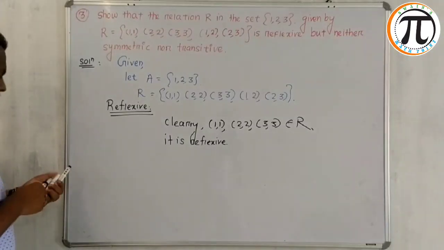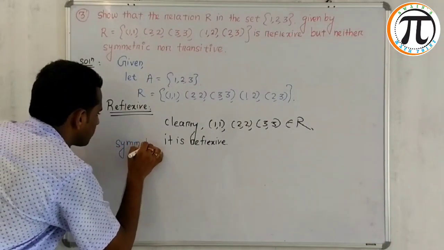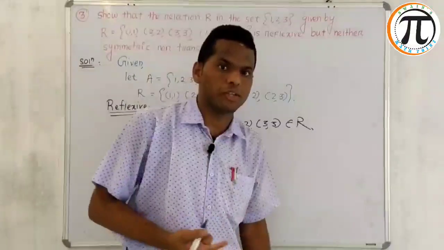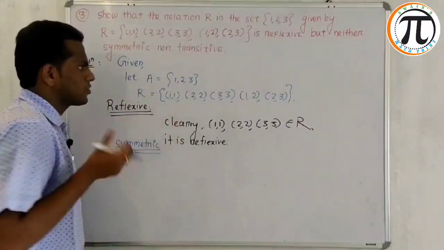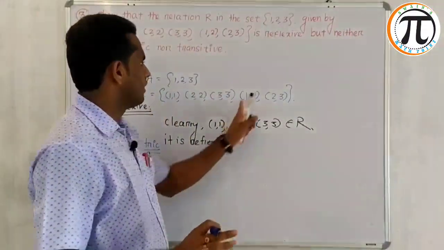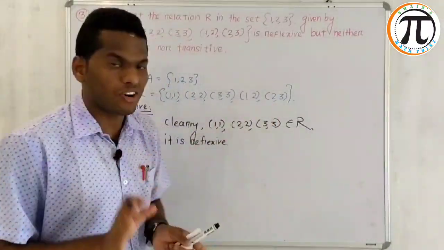Next, coming to the symmetric case. What should happen in symmetric? If (a,b) belongs to R, that means (b,a) must be there. So look, which pair does not belong? The reverse of (1,1) is (1,1), no problem. Same for (2,2) and (3,3). Look, (1,2) belongs to R but (2,1) is not there.